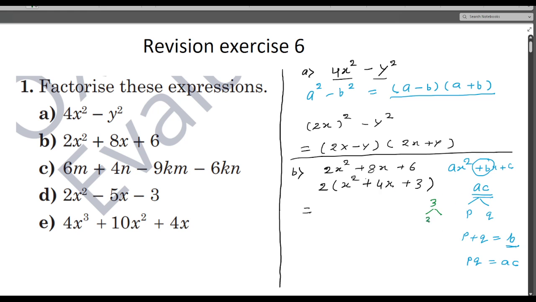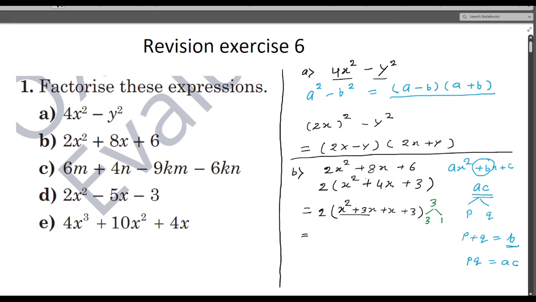It's very simple: 3 and 1. So here we will write this as 2 times x square, plus this 4x I will split as 3x plus x, and then plus 3 I will write as it is.